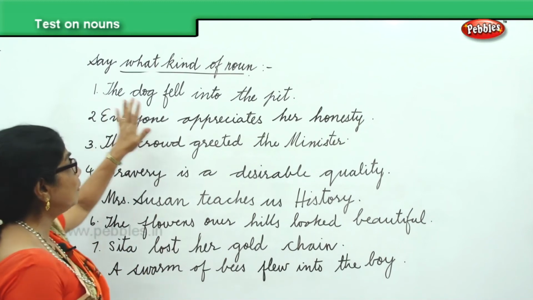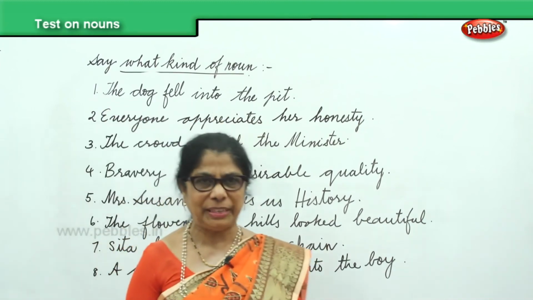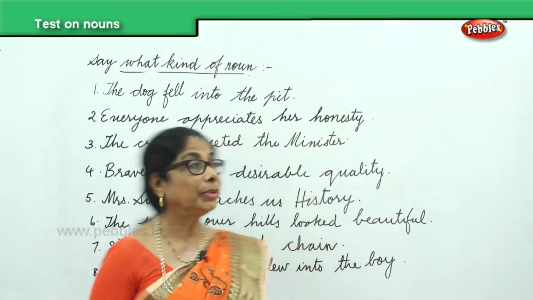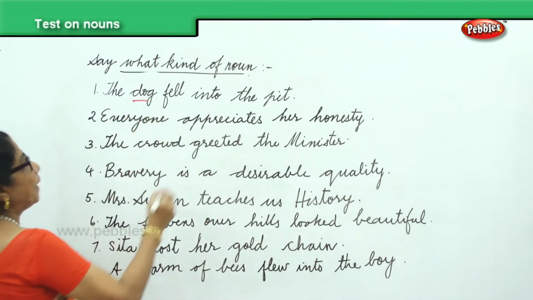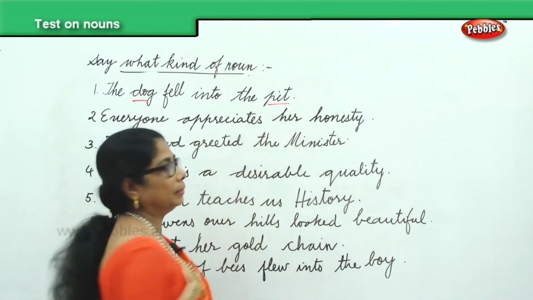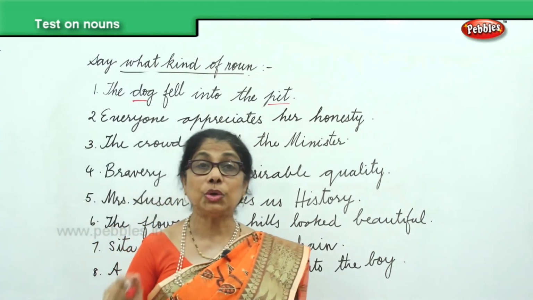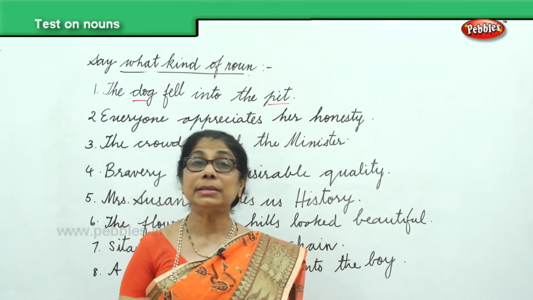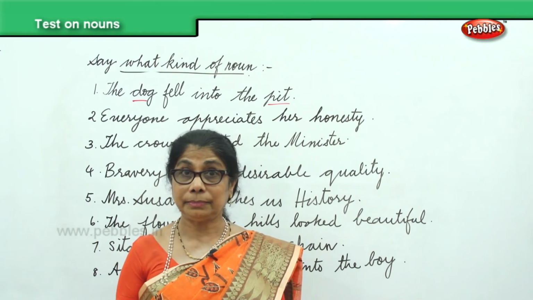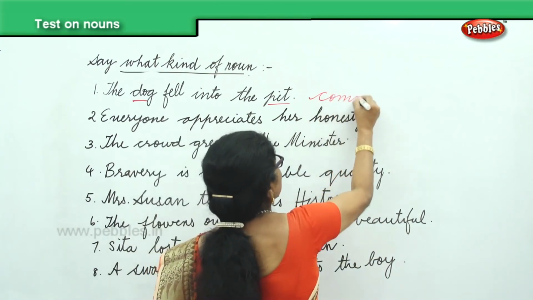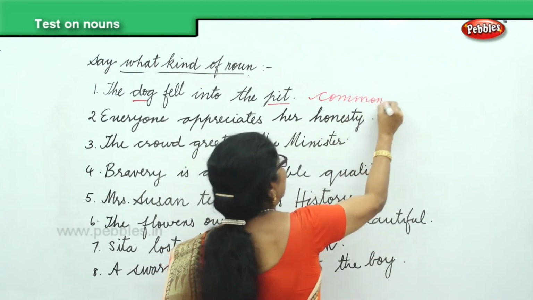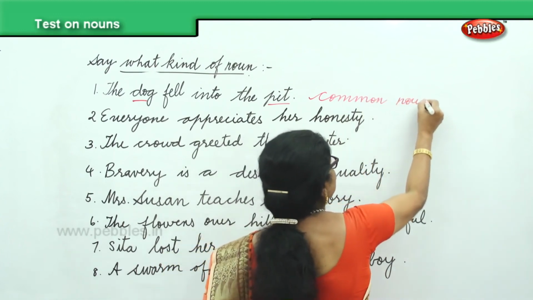The dog fell into the pit. Okay, now the dog, you have here, pit we have here. Can be any dog, any pit. So dog and pit, they're just common nouns. You have found common nouns here.